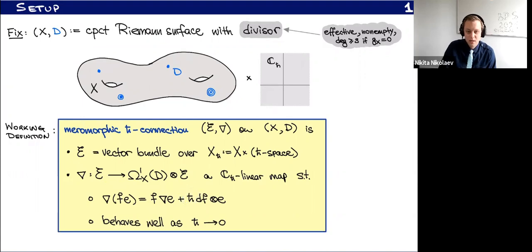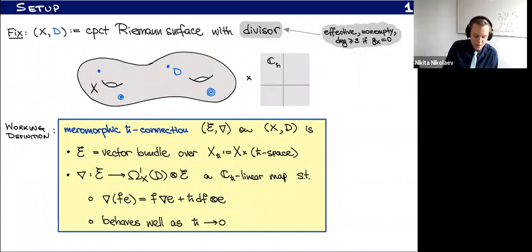The way it twists the Leibniz rule is by introducing h-bar in front of the de Rham differential that's applied to the function. So this is the only nonlinear part in the connection. This is what makes this map a differential operator rather than an endomorphism.